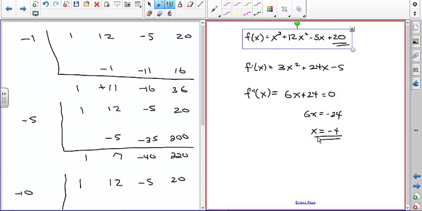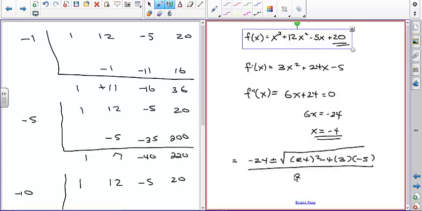So that is a possible point of inflection, but we don't know yet until we check the second derivative on either side of it. This one, there might be a way of grouping that, but let's just use the quadratic formula. So you get -b plus or minus the square root of b squared minus 4ac, over 2a.